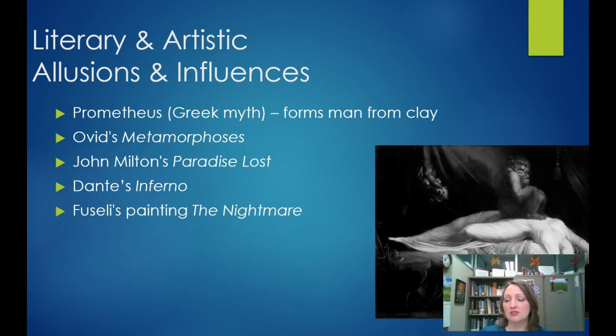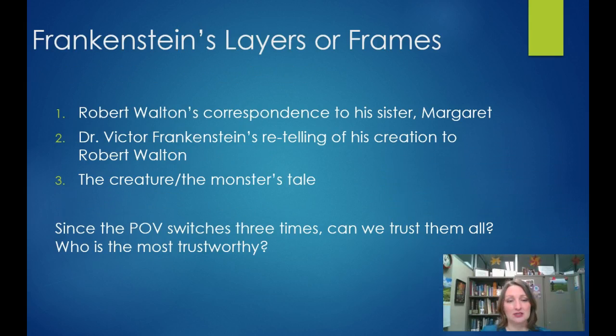This might be something that you've seen before, but Milton's Paradise Lost, Ovid's Metamorphoses, and Dante's Inferno, and then the Prometheus Greek myth. I just read a book on Greek mythology and learned a little bit more about Prometheus, but all of these were possible influences that inspired Shelley to write this particular piece.